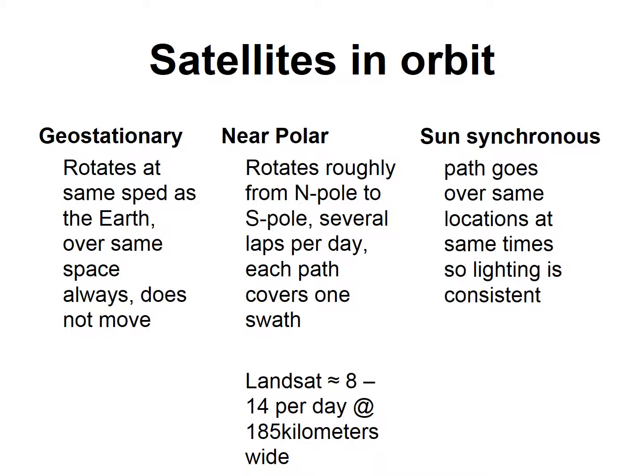If you want to be able to take data from 1 or 2 days in a row and sort of begin to piece together things, it needs to look at the same location at the same time. So sun-synchronous is pretty interesting in that whenever it comes back around to that same location, it will be at the same time of the day as it was with the previous attempt.